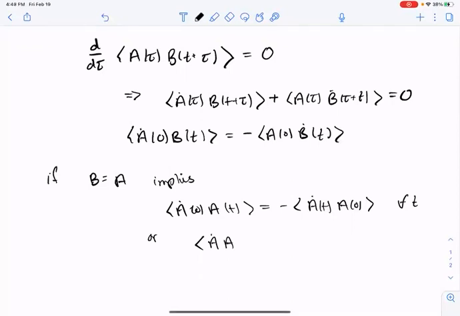A dot A must be equal to A dot A with a minus sign. The only way for that to be true is if both are identically 0.